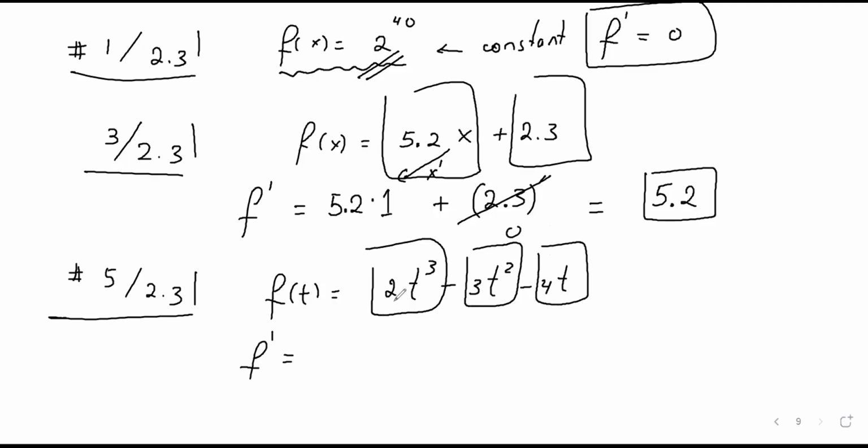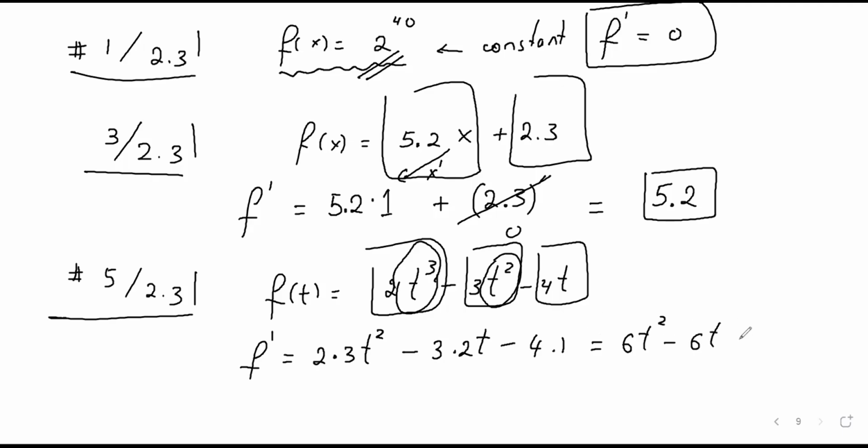So 2t cubed prime will be 2 times the derivative of t cubed, which is 3t squared, minus 3 times the derivative of t squared, which is 2t, minus 4 times the derivative of t, which is 1. So that's going to be 6t squared minus 6t minus 4. That is going to be the derivative and the final answer for this problem.